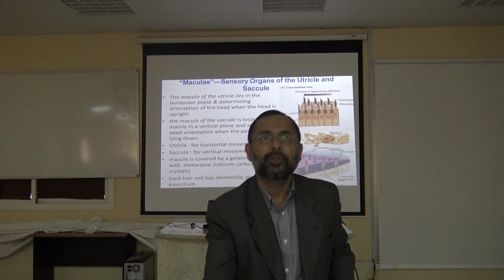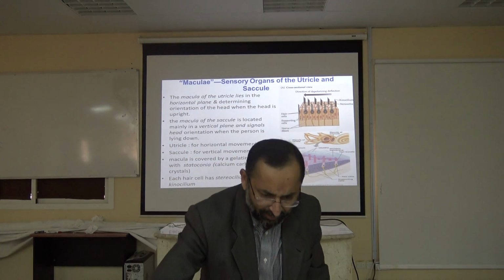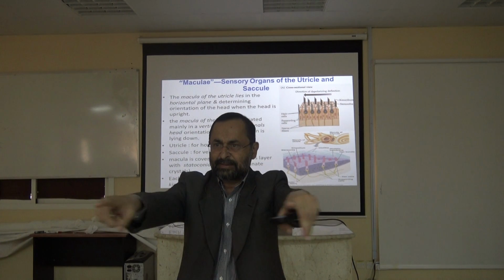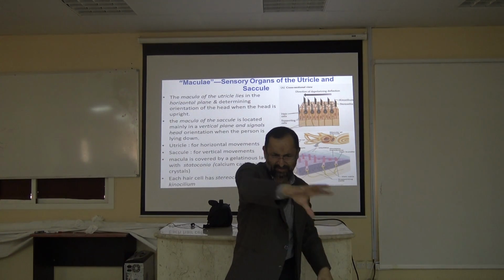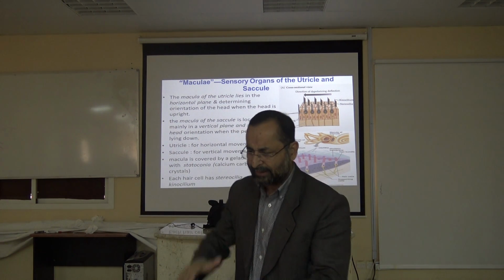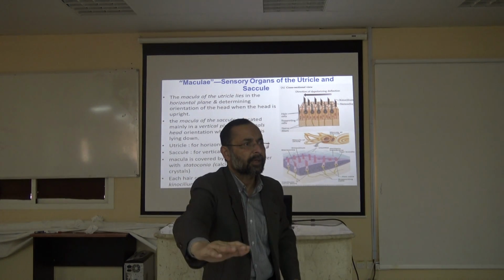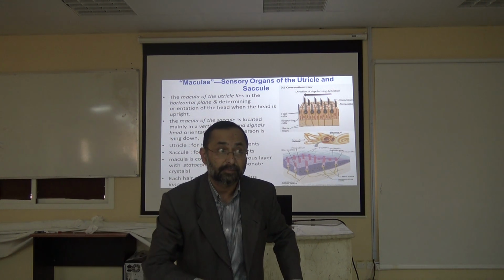If this is the utricle, and we are in the utricle, then the utricle has a floor. On that floor, there is a special piece, roughly square or rectangular, and that piece is thick and lying on the floor like this. That piece is the sense organ there.